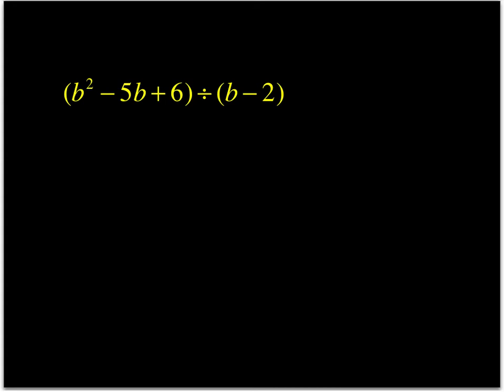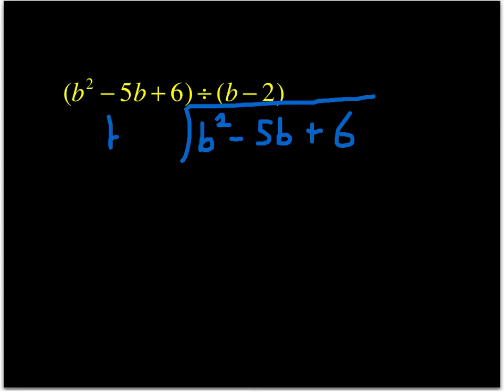So I'm going to write this as b squared minus 5b plus 6. I'm going to divide it by this b minus 2, and we'll just see what happens here. Once again, this is probably going to be a b up here, b times each of these, so I'm going to get b squared minus 2b.